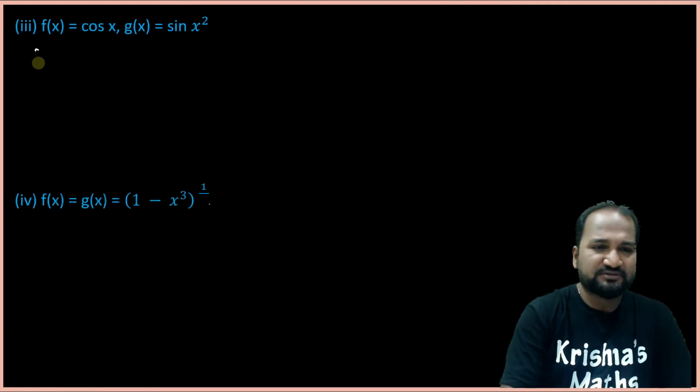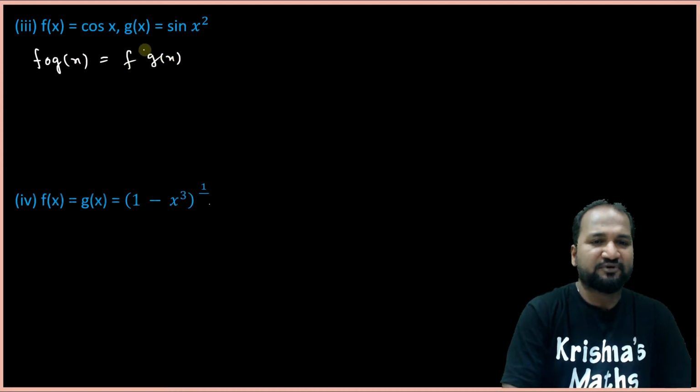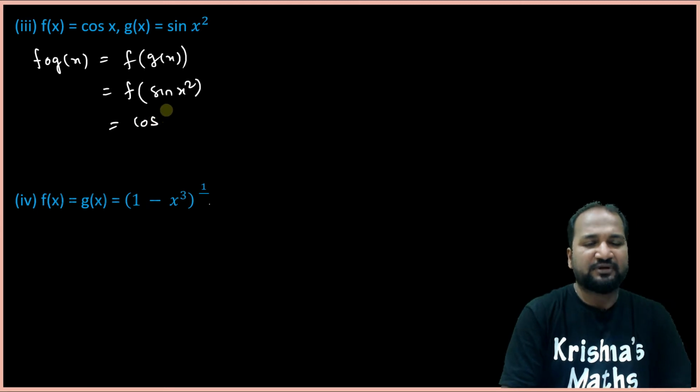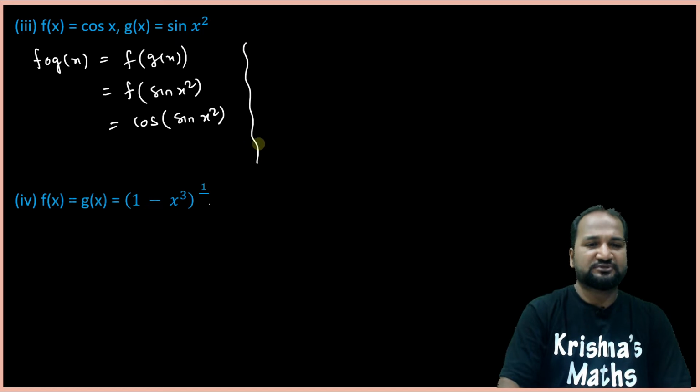Third one: f of x is equal to cos x, and g of x is sin of x square. So f of g of x is f of sin of x square, which is cos of sin of x square. This is f of g of x.